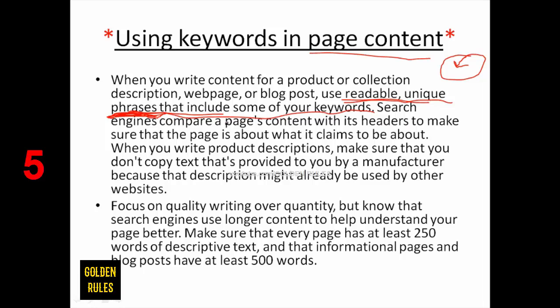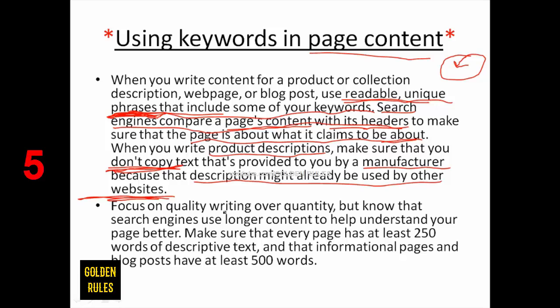Search engines compare a page's content with its headers to make sure that the page is about what it claims to be about. So I hope you have got it. When you write a product description, make sure that you don't copy text that's provided to you by the manufacturer, because that description might already be used by another website.